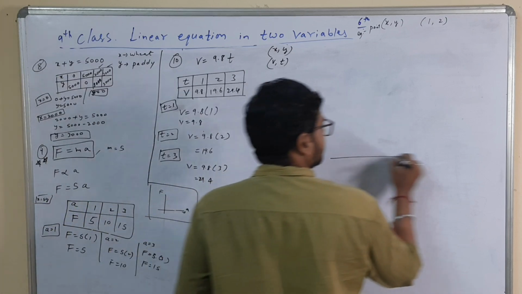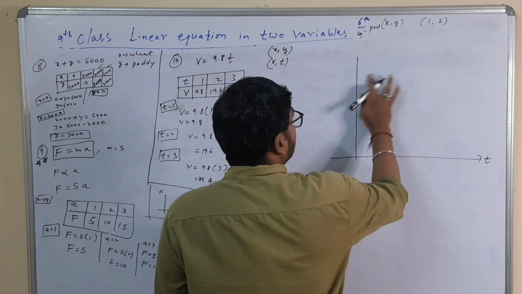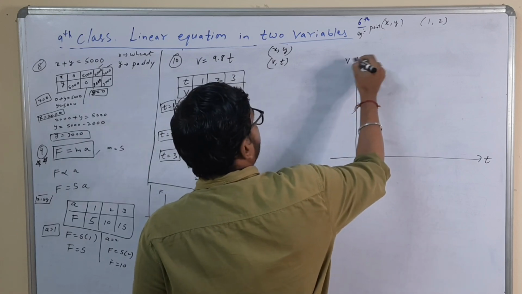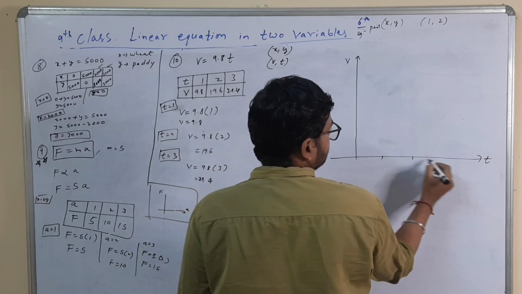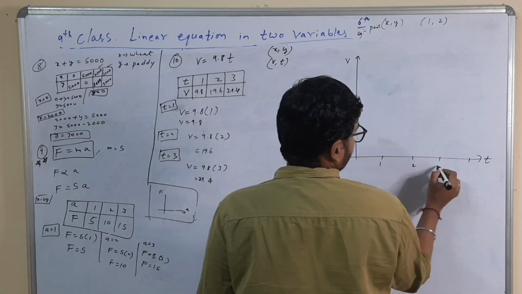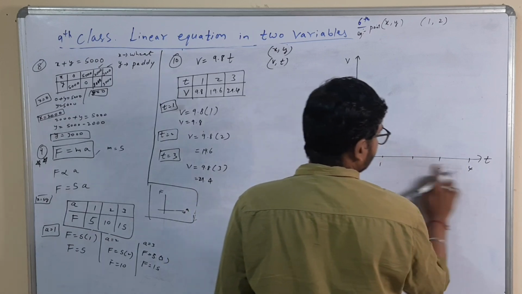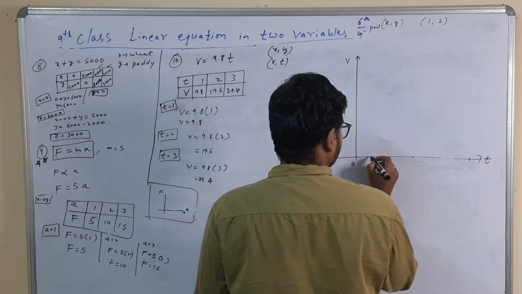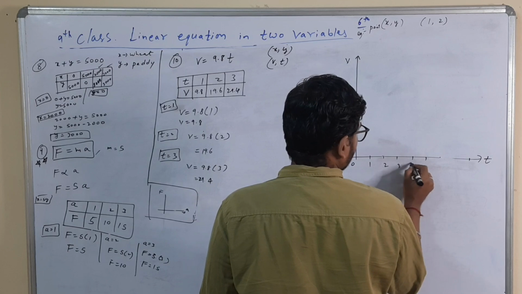So I'll take this graph, and I'll take t here and take y here. Y means v here. So 1, 2, 3 values. Better I take 1, 2, 3, 4. This is 0. We have to draw the graph nicely. Take this only, not that much bigger. So 1, 2, 3, 4, 5.